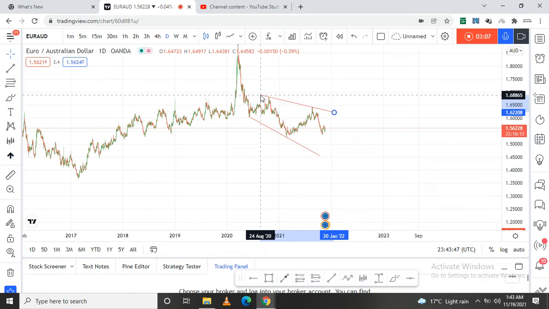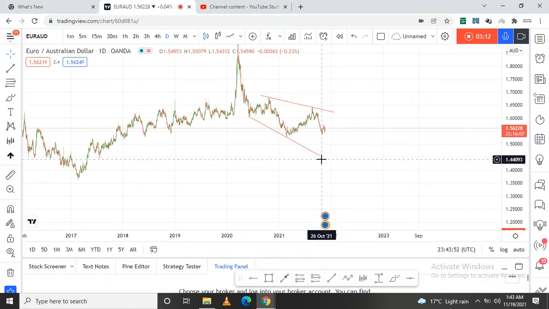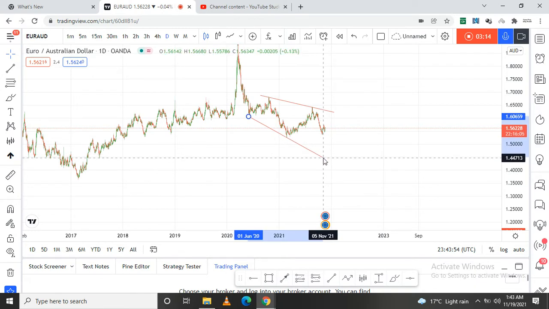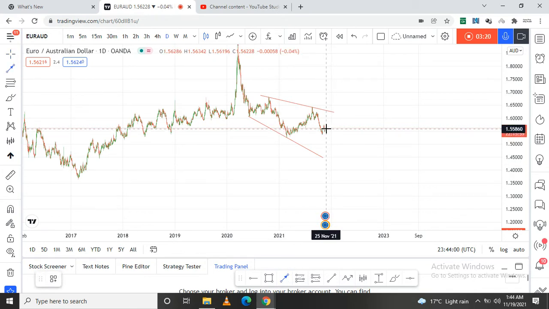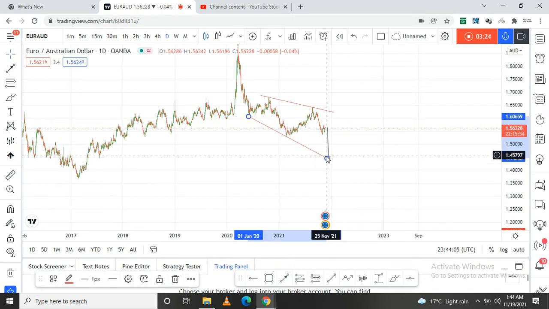Going on the downside, you can see you have a first touch, second touch. So obviously we're anticipating for price to push to that level to create a dead touch here.